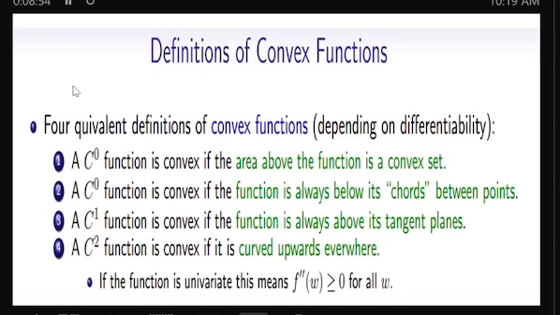For C1, don't forget, it means the function is continuous and has a first derivative. A C1 function is convex if the function is always above its tangent plane.